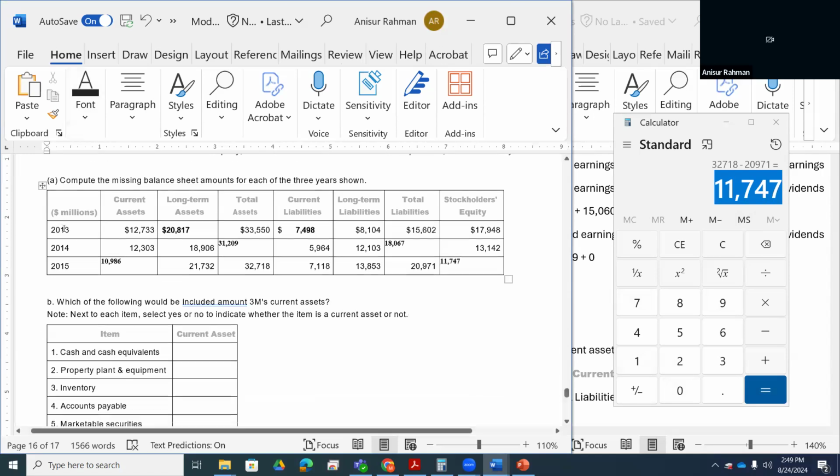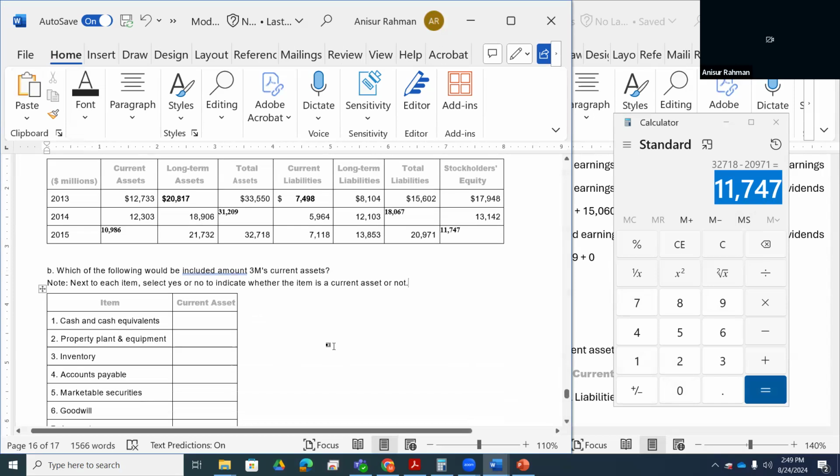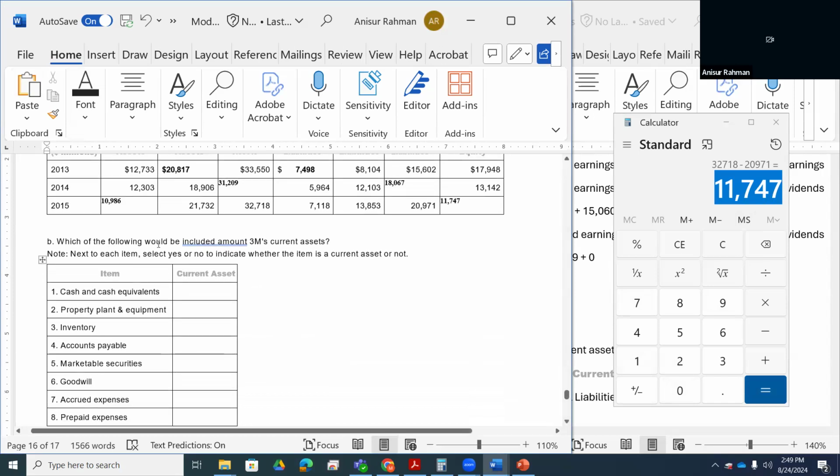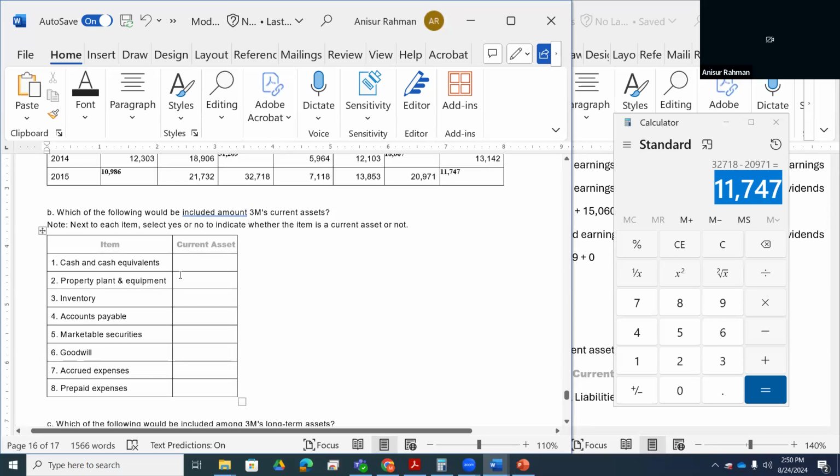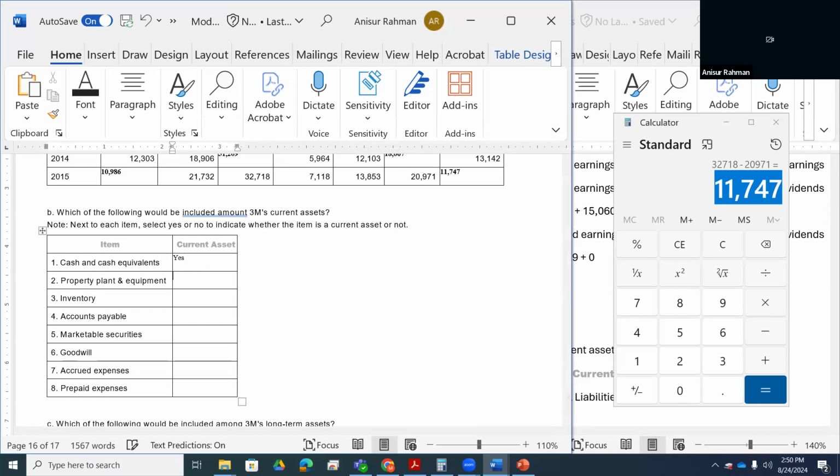So part B is asking us which of the following would be included among 3M's current assets. Next to each item, select yes or no to indicate whether the item is a current asset or not. So this is fairly easy. Cash equivalents, it is a current asset. Property, no, because it is an asset, but it is a long-term asset.